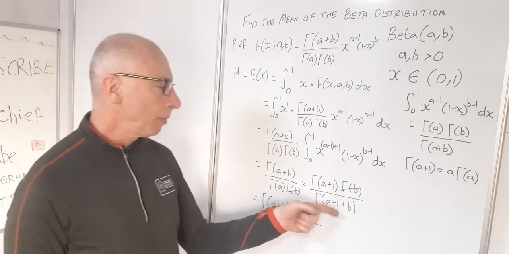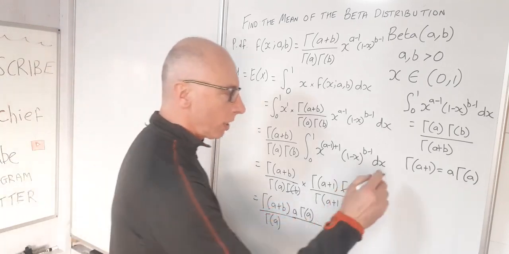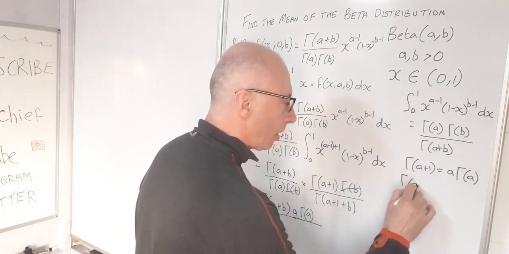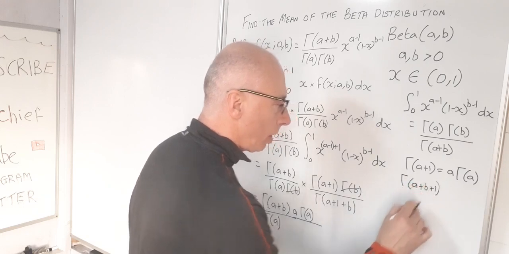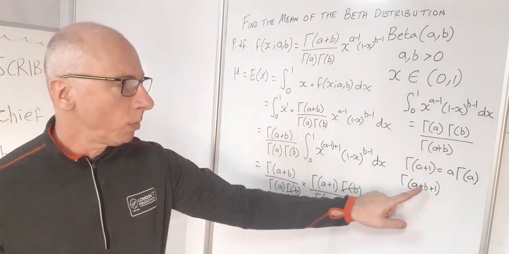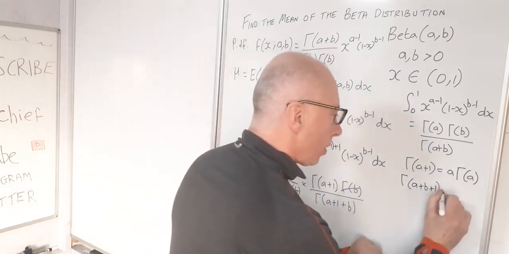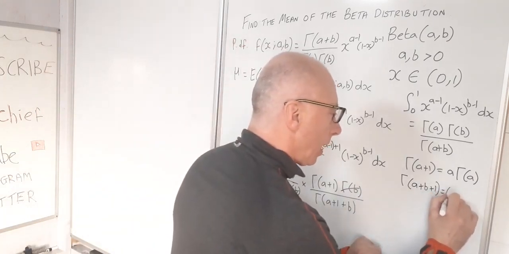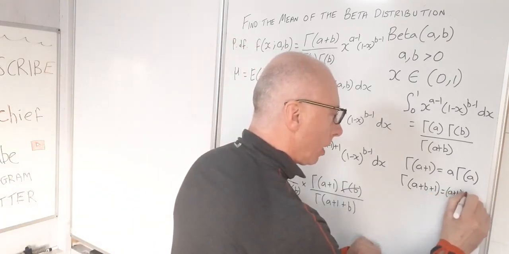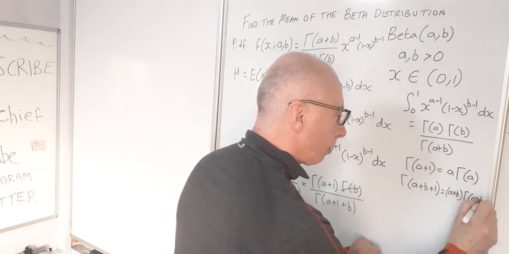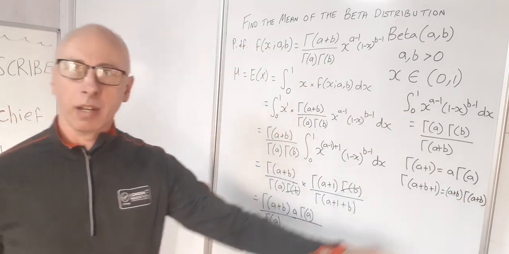Now what about this one? Here we've got gamma of A plus 1 plus B. So using this identity, let's write that as gamma of A plus B plus 1. So basically it's just 1 more than A plus B. So then we know that this would be A plus B times gamma of A plus B. That would take care of that.